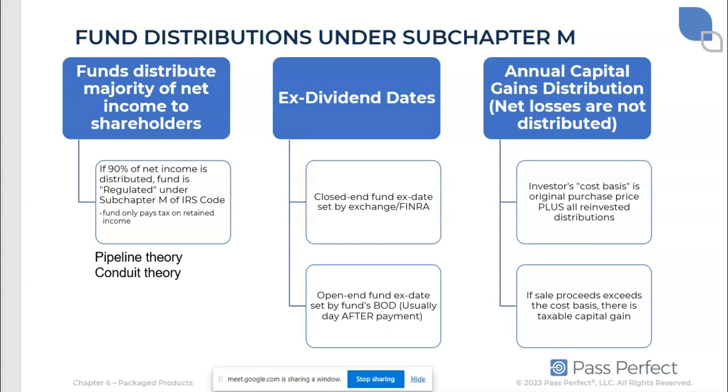Investors will pay taxes on their share of the 89% that they receive too. So if they're not in compliance with the tax code and don't distribute at least 90%, there's going to be some double taxation going on. So as you can see, there's a really big incentive to be a regulated investment company under Subchapter M.